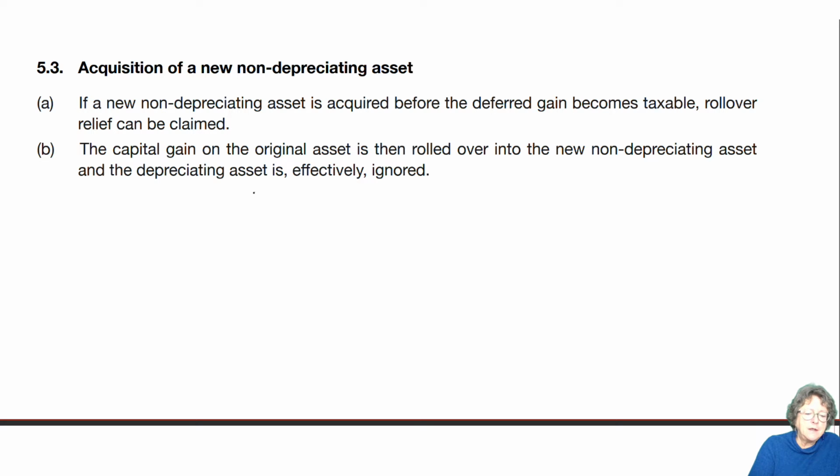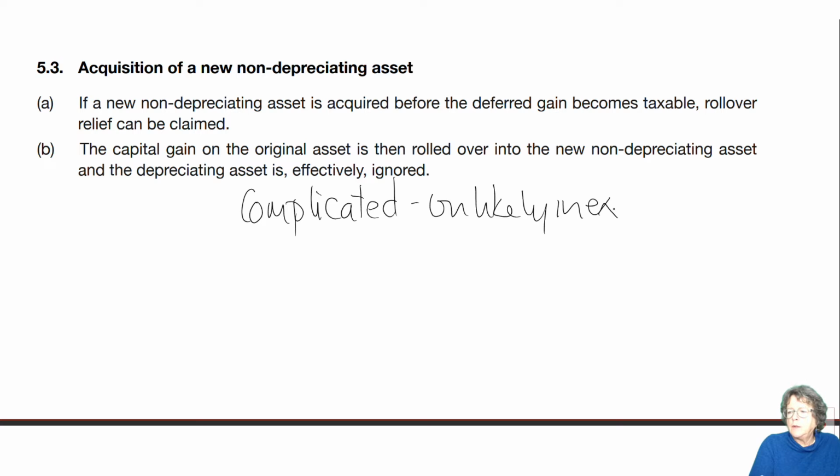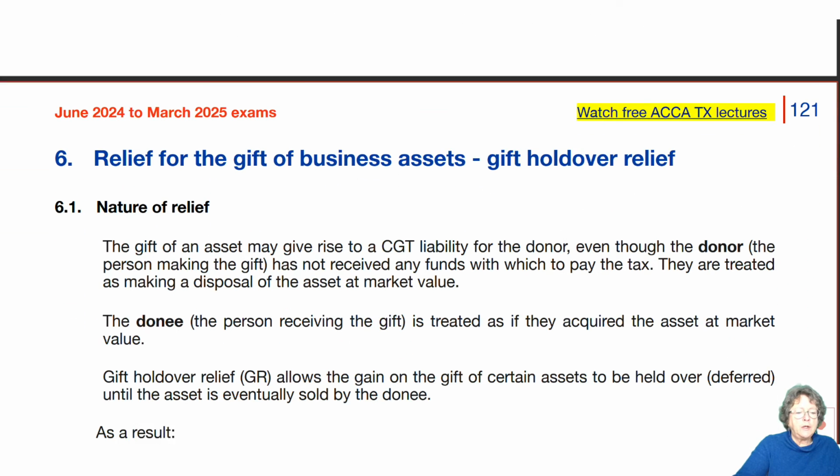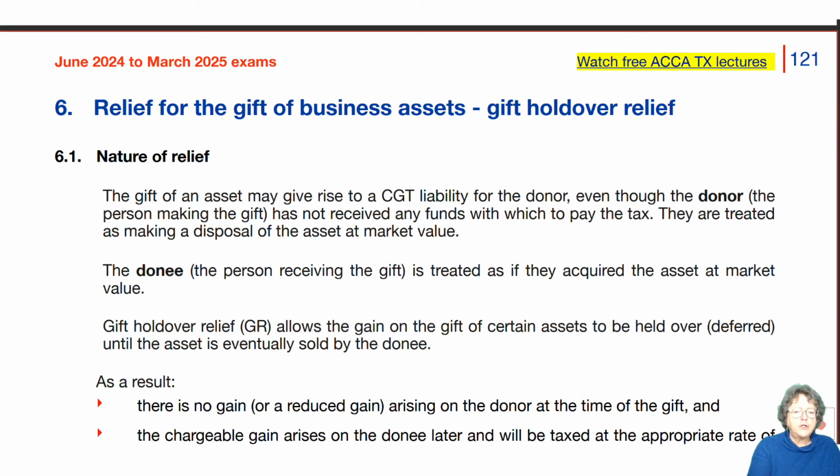Now, this can get complicated, and it's unlikely in an exam. Basically, you sell the non-depreciating asset and buy one like the one in example number 7, but then you go on to buy a non-depreciating asset. So basically you ignore what's happened in the middle. There are no examples for this. This is how unlikely it is to turn up.